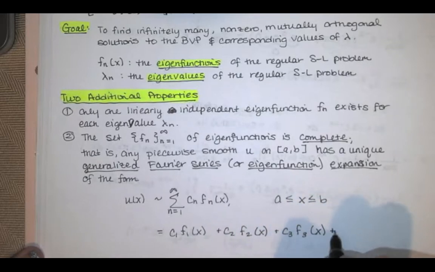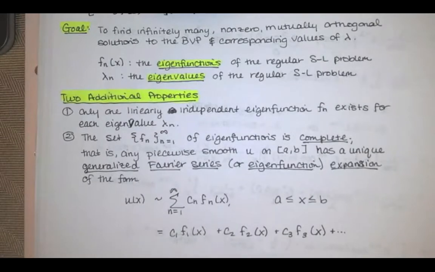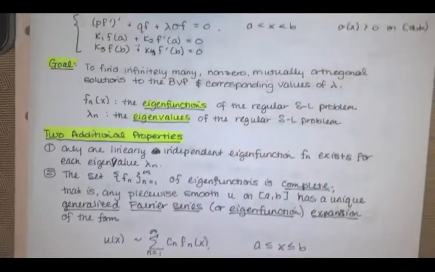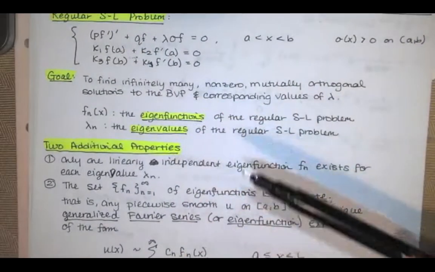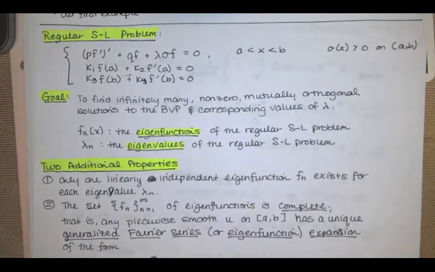We've done something very similar to this before whenever we came up with Fourier series expansions for functions. But now we're saying we don't have to use just sine and cosine functions with different frequencies. We could use any eigenfunctions, or in particular, we can use the eigenfunctions that correspond to solutions of regular Sturm-Liouville problems.